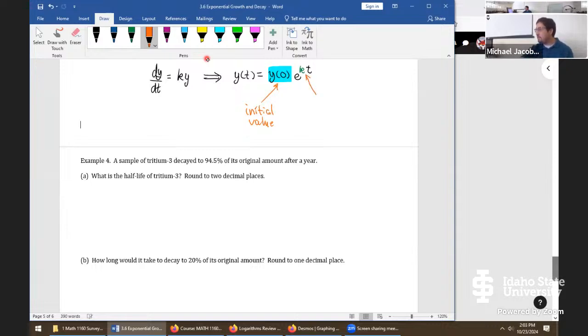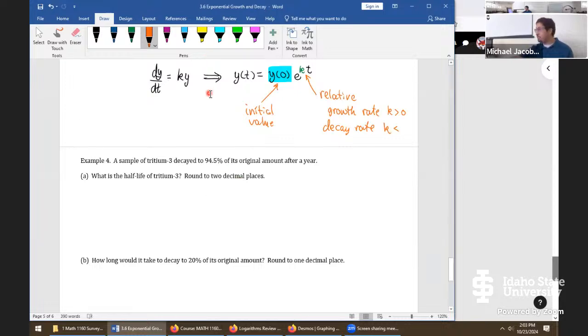And k is the relative, well, there's 2 things we could say, growth rate or decay rate. So let's say them both. It's the relative growth rate if k is a positive quantity. And we say instead, decay rate if k is a negative quantity.